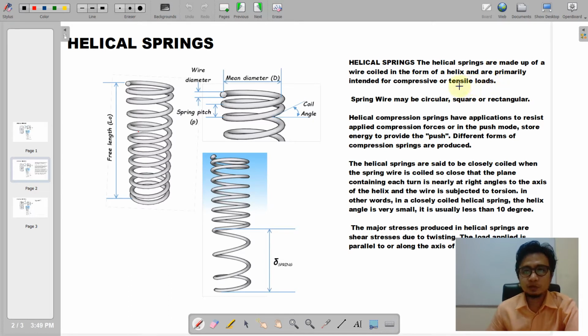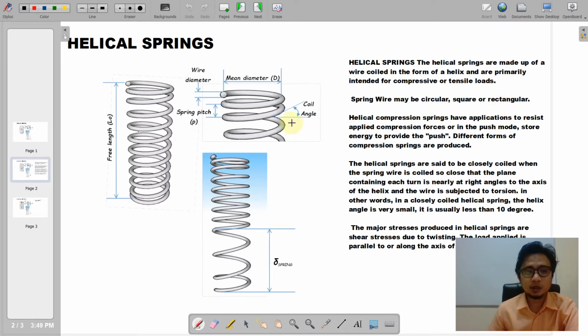It is made up of wire coiled in the form of a helix and is primarily intended for compressive or tensile loads. Spring wire may be circular, square, or rectangular.